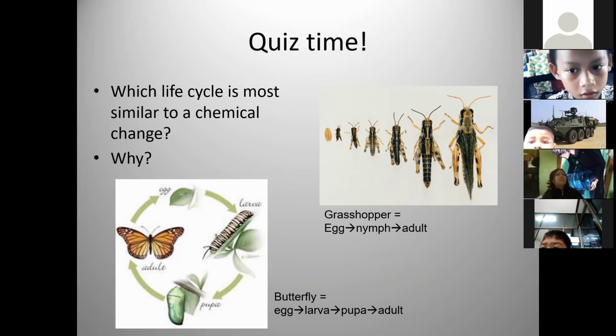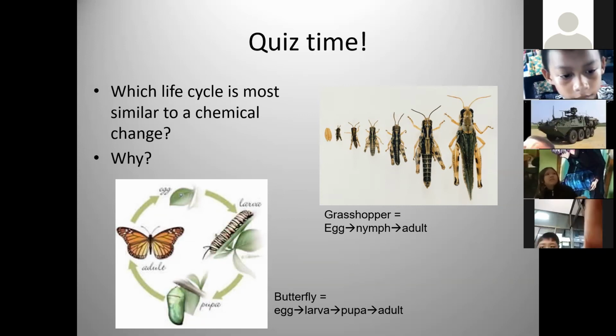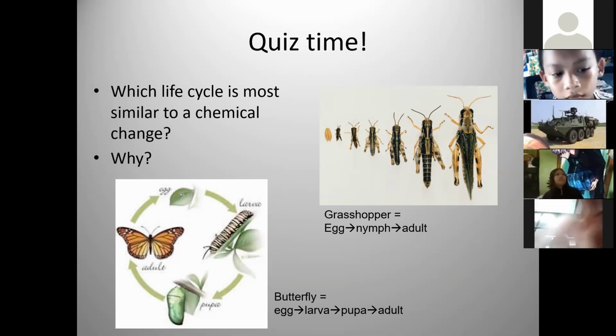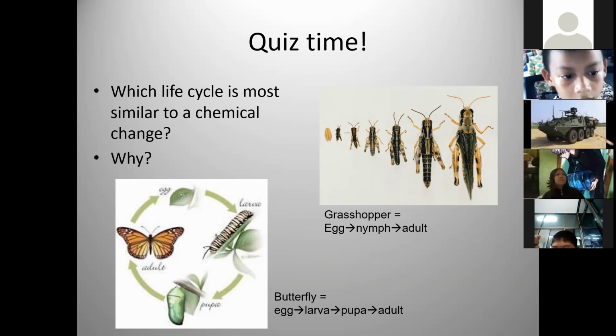Why? Because it changes from eggs into larva, then changes into a butterfly. And in the grasshopper, there is a physical change in size, but it's still the same grasshopper.